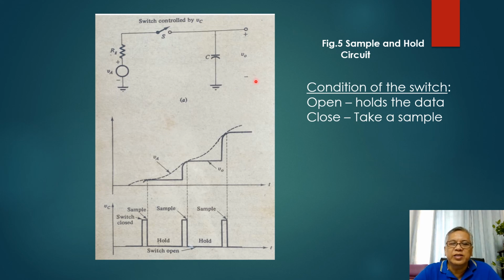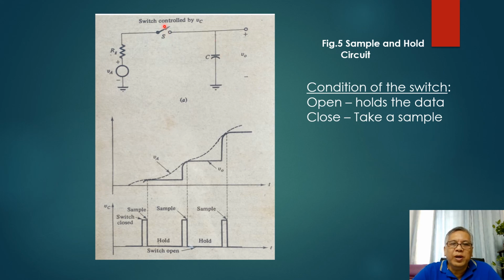or ADC. Now, if you close the switch again in this particular area of your signal, then again it will sample that particular signal. Meaning to say that this signal here will be charged again into your capacitor.